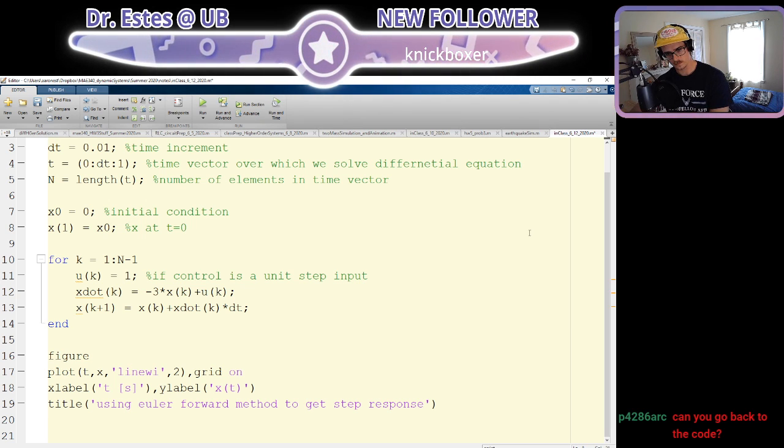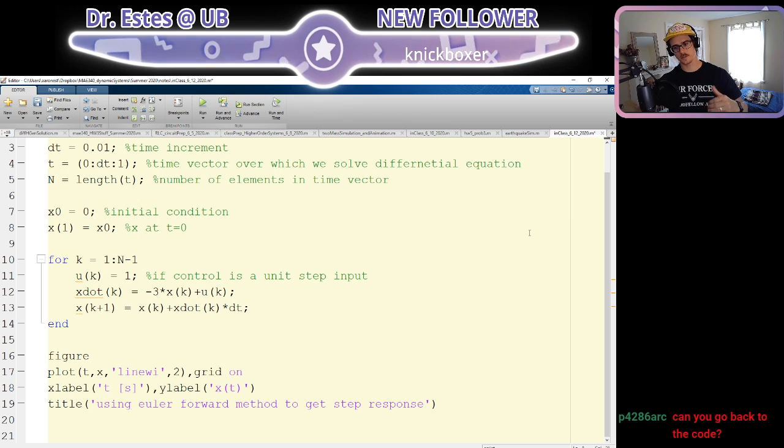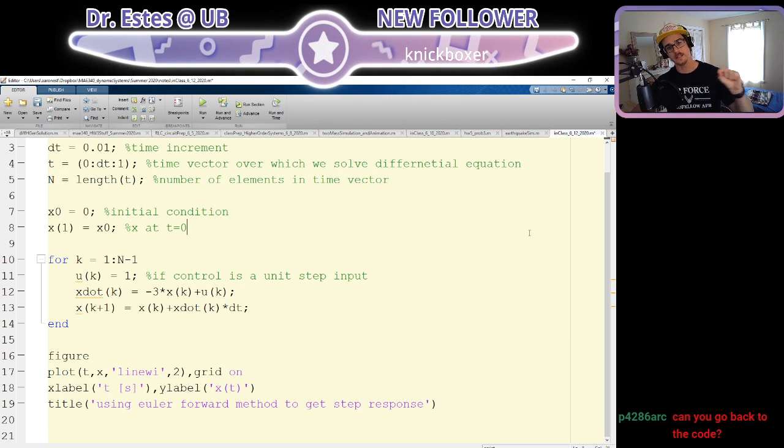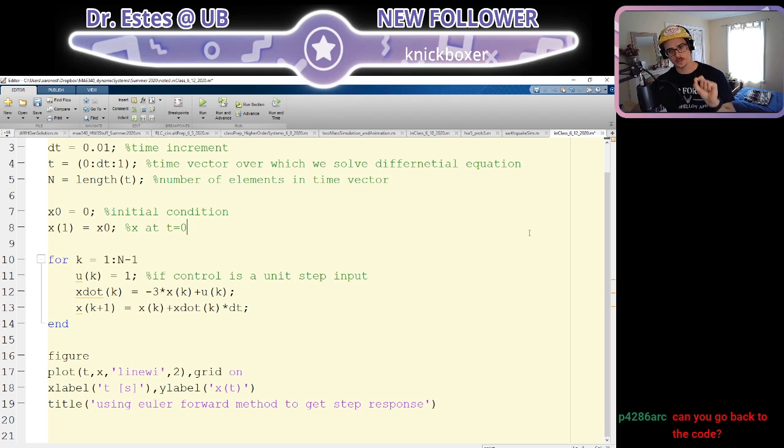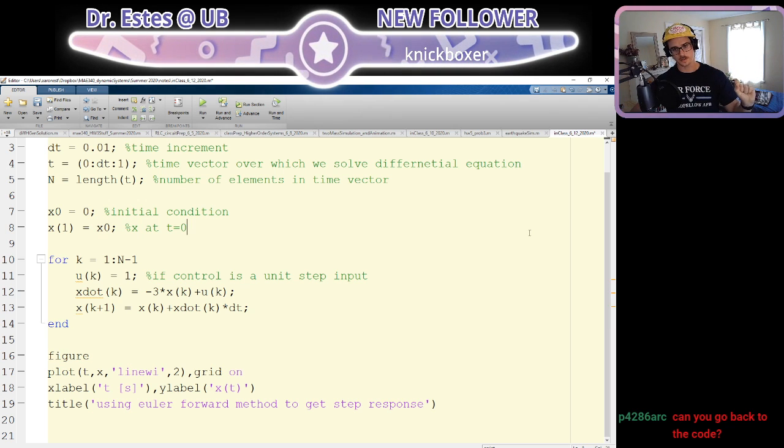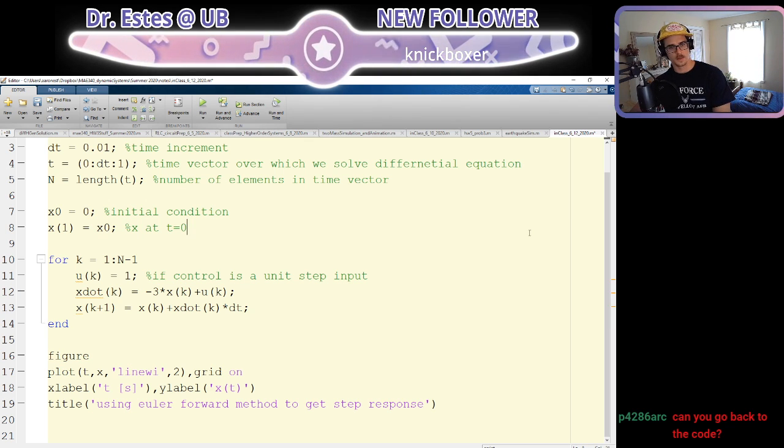The way we've been solving equations like this so far in the class, and we'll continue to do it that way, is we analytically solve it, meaning you get the homogeneous solution, you get the particular solution, you add those together.